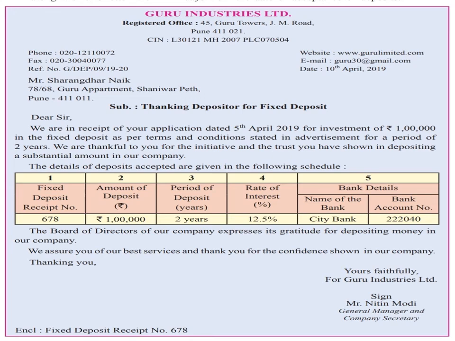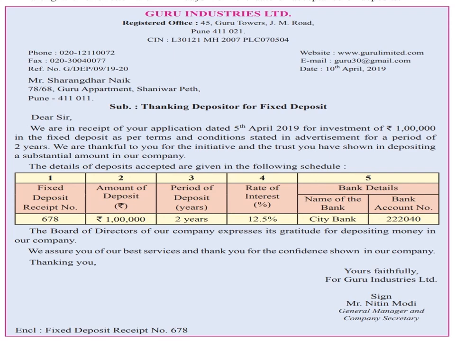The amount of deposit is rupees 1 lakh. And that person has deposited the amount in the company for a period of 2 years, which is mentioned in box number 3, period of deposit, that is 2 years, and on which he will be getting interest, the rate of interest, is 12.5%.